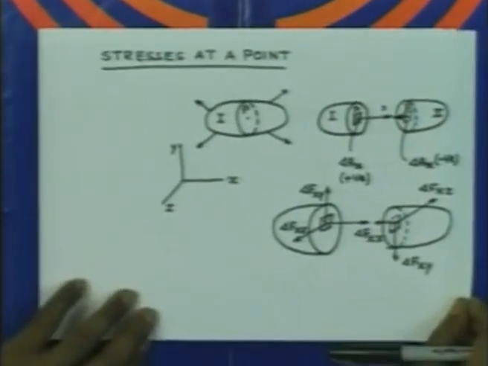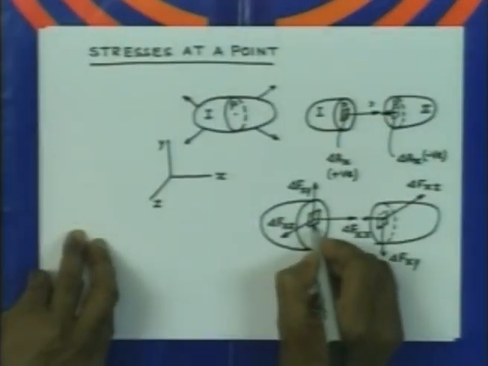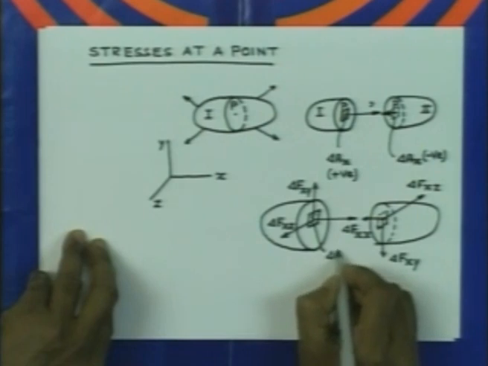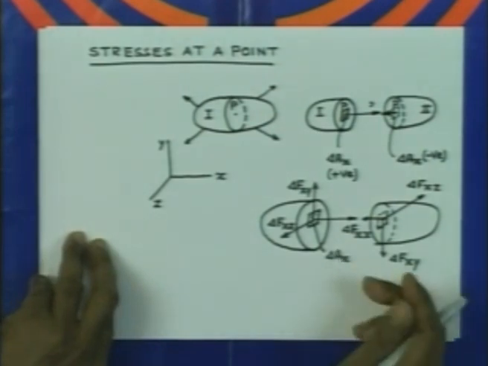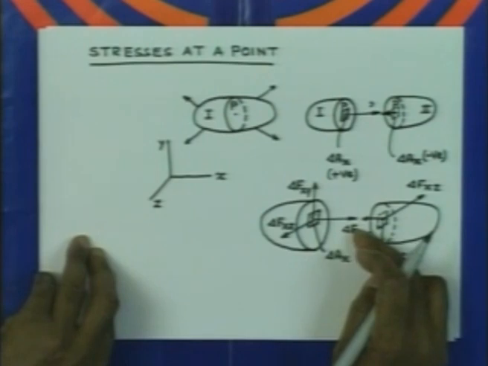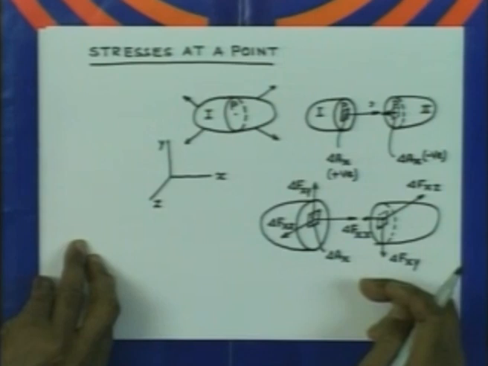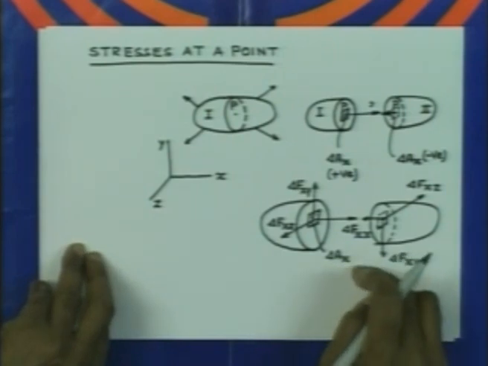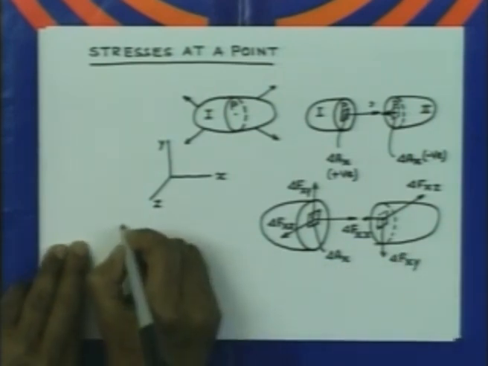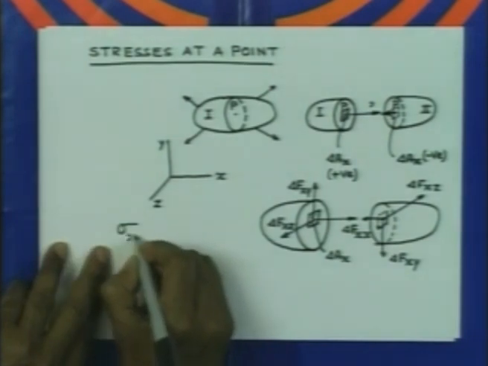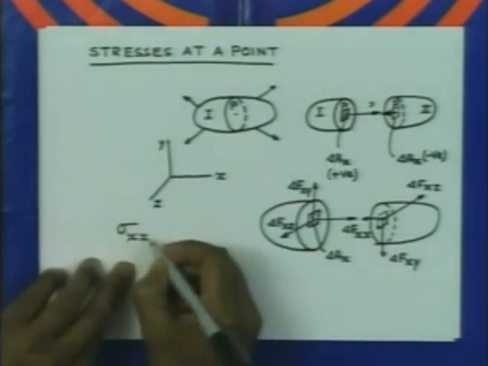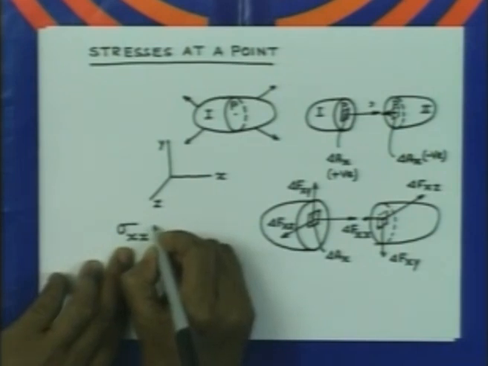Now we can define the limits: if the area delta Ax tends to 0, then the intensity of this force, that is force per unit area, as delta Ax tends to 0, is what we call the stress in the x direction, sigma xx.